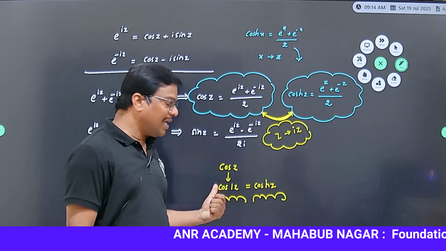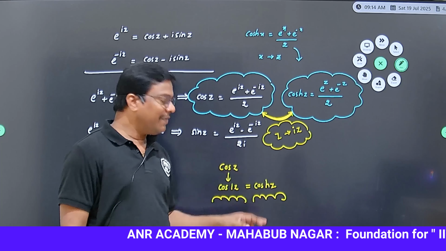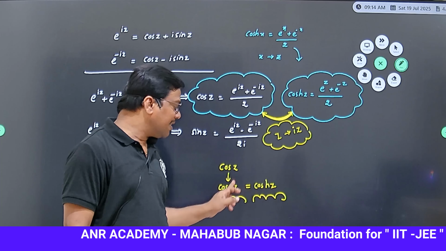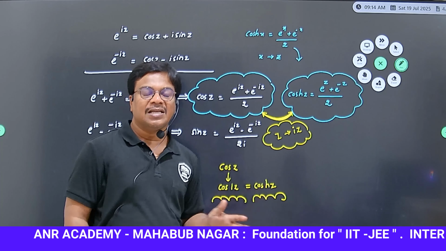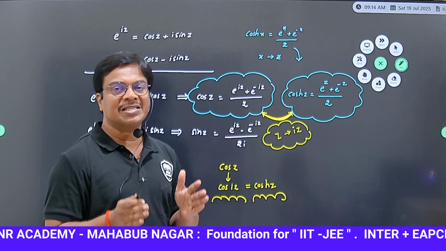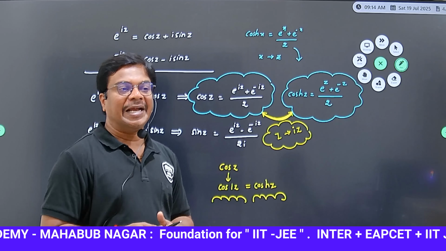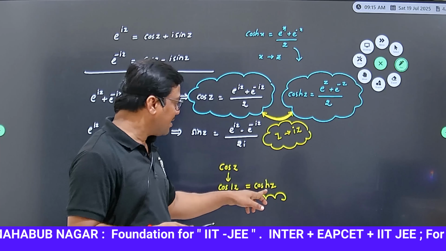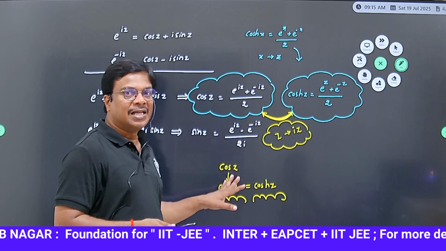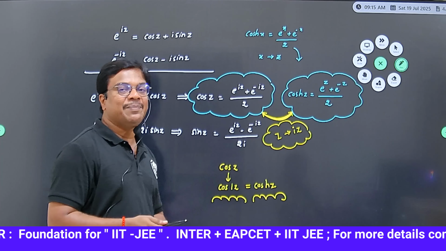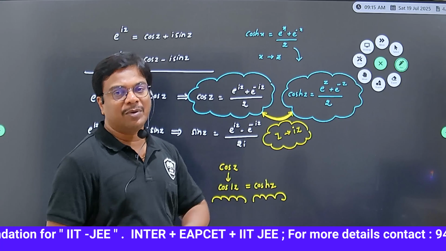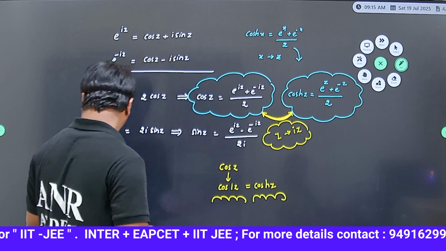Hyperbolic cosine is same as cosine only when domain is interchanged as iz, that is the entire domain z is rotated through an angle 90 degrees. Z changes to iz, then they are equal. So that is the deep connectivity in between hyperbolic cosine and cosine.